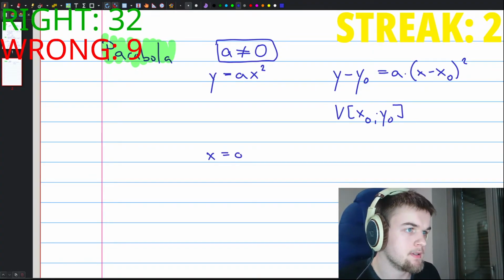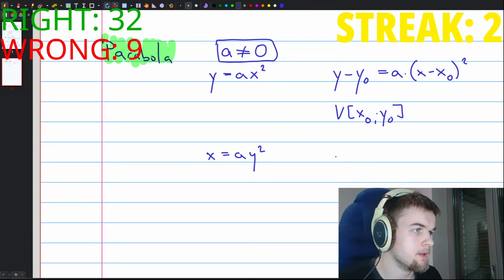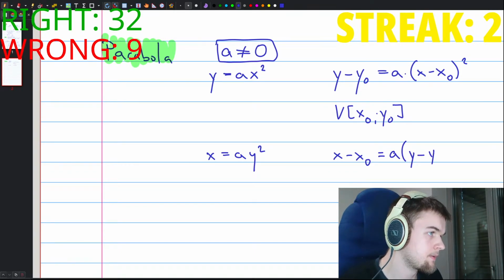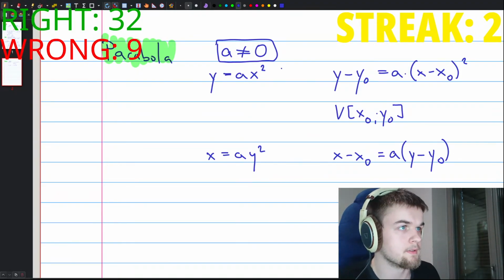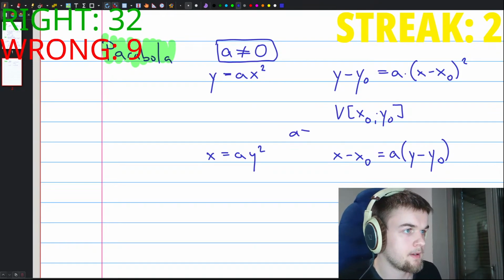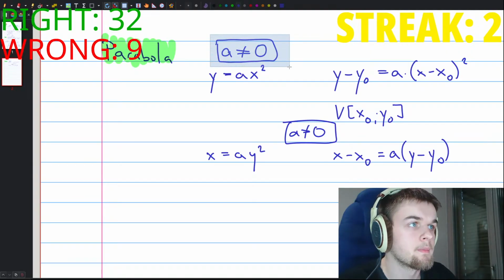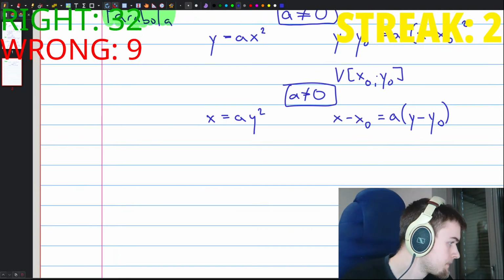And also what is possible is this, where you get x minus... Okay, maybe I should stop complaining actually. But of course, once again, a is not equal to 0.